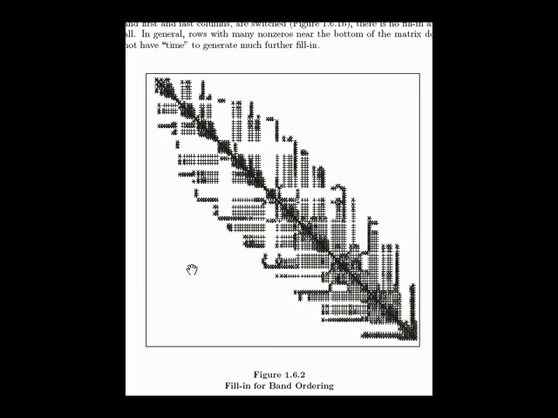Somehow, it's complicated, but this is a band ordering, and if you use a sparse direct solver with this ordering, then it will cut the amount of work because it won't touch the elements that it knows are going to stay zero. But it can do better than a band solver.